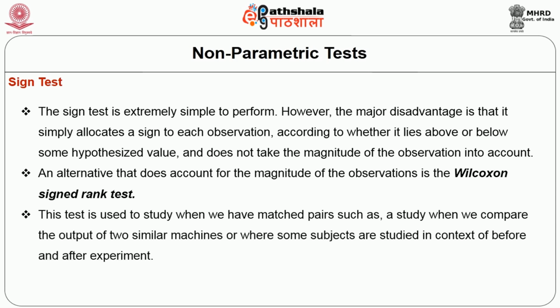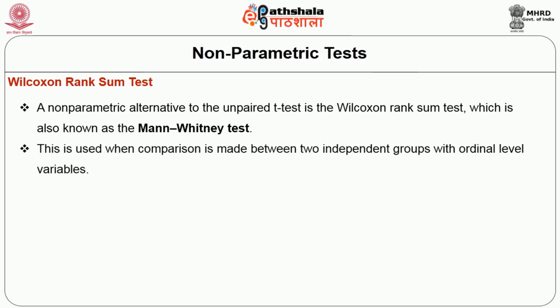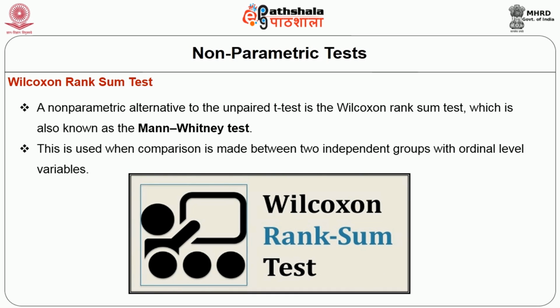This test is used when we have matched pairs, such as a study where we compare the output of two similar machines, or where some subjects are studied in the context of a before and after experiment. A non-parametric alternative to the unpaired t-test is the Wilcoxon rank sum test, which is also known as the Mann-Whitney test. This is used when comparison is made between two independent groups with ordinal level variables.